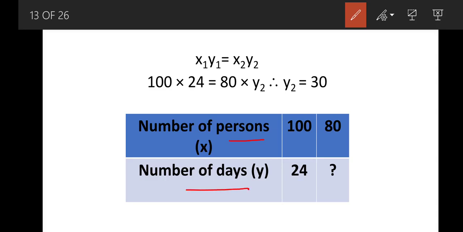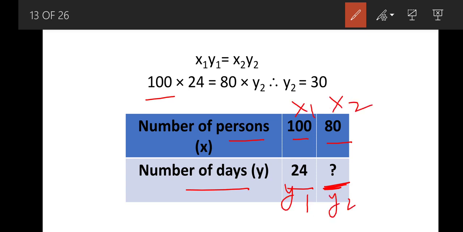Number of persons were 100 and they had food provision for 24 days. If 20 persons have left the place, then the number of persons will be 80. Now I need to find out for how many days the food provision will last. So this is x1, this is y1, this is x2, this is y2.